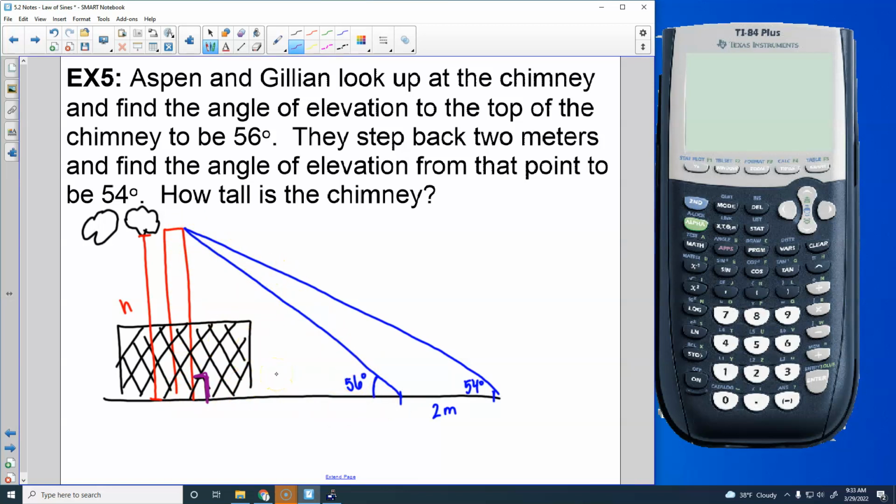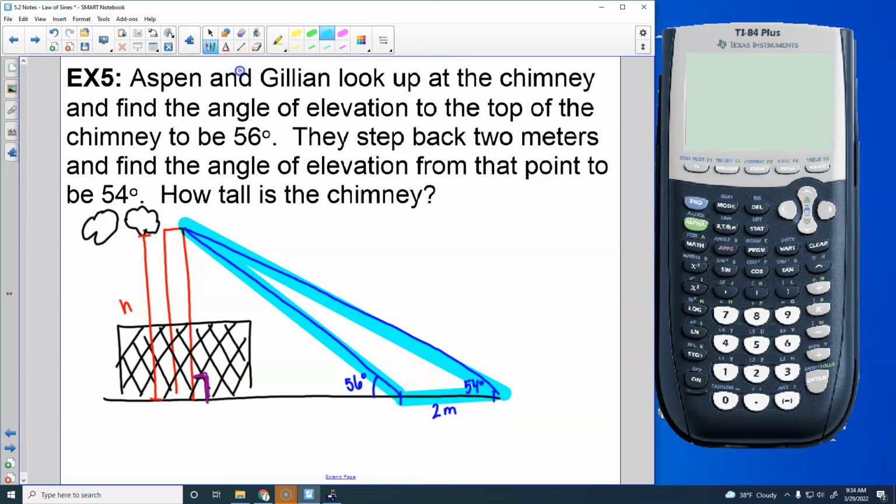But what we can do is we do have this skinny triangle here. And for it, we have an angle and a side, and I could find another angle. I don't have this angle, but I could find it pretty easily. What could I do to find that angle right there? 180 minus 56, because these two angles make a line.